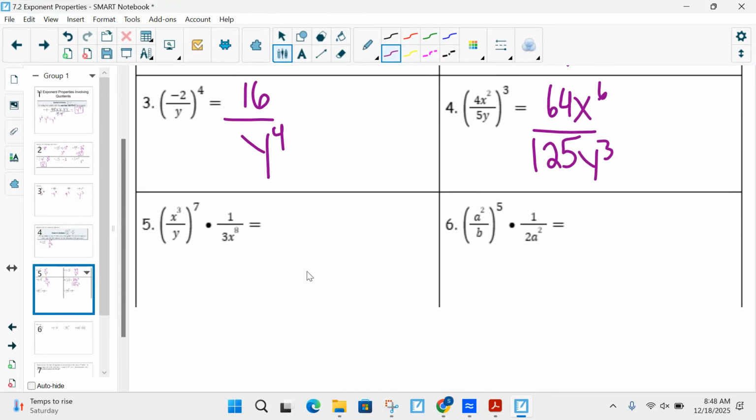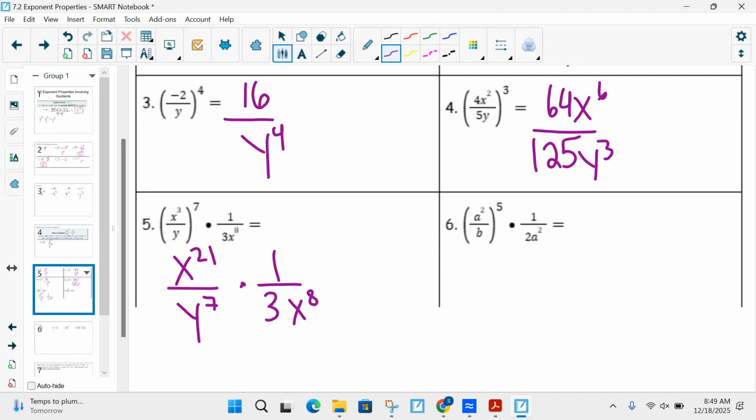Okay, then we get a little more complicated. So number 5, we're just going to focus on the parentheses first, like raising everything to the 7th power. So x to the 3rd raised to the 7th power would be x to the 21st over y to the 7th. And then times 1 over 3x to the 8th.